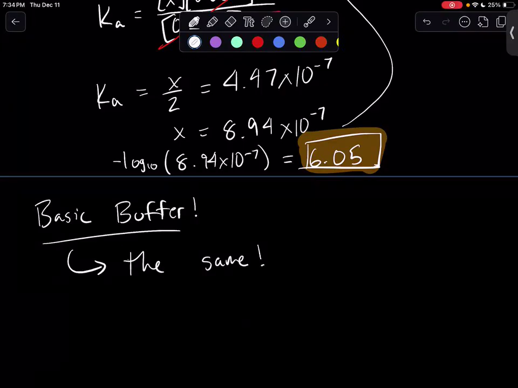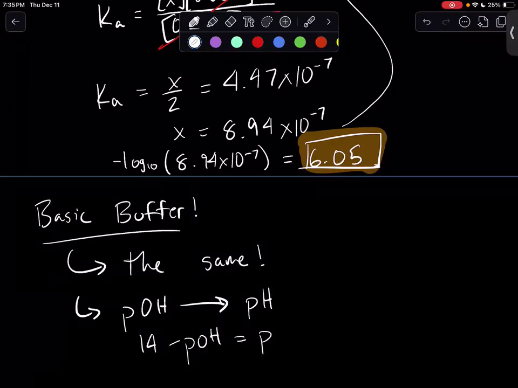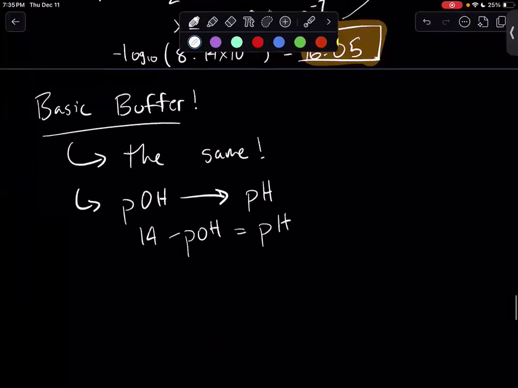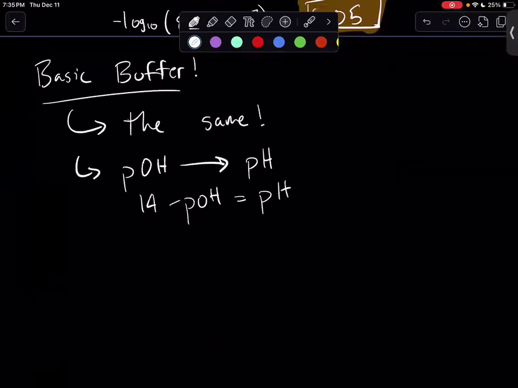You can use the exact same process. The only difference is you usually end with a pOH value. So what you have to do is convert that to a pH, and what you just do is take 14 minus pOH equals your pH value. So other than that, you can use the exact same process, the exact same ice tables to do these calculations.